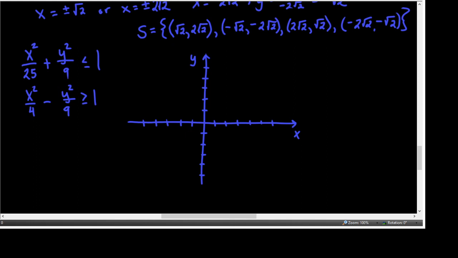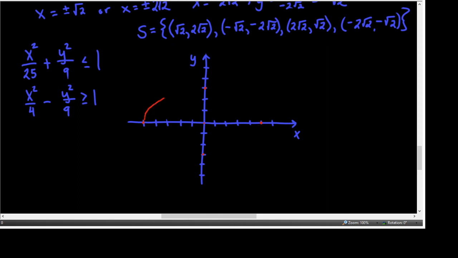All right, so the first one is an ellipse centered at 0, 0. The x radius is 5: 1, 2, 3, 4, 5. The y radius is 3. And because that says or equal to, that means the boundary line of equality, the ellipse itself, is included in any solution that we might get.